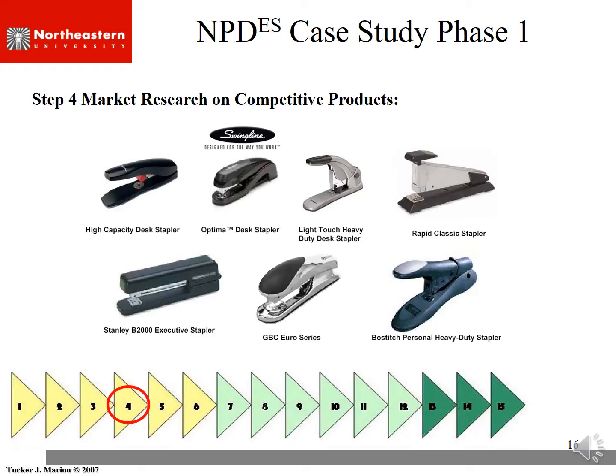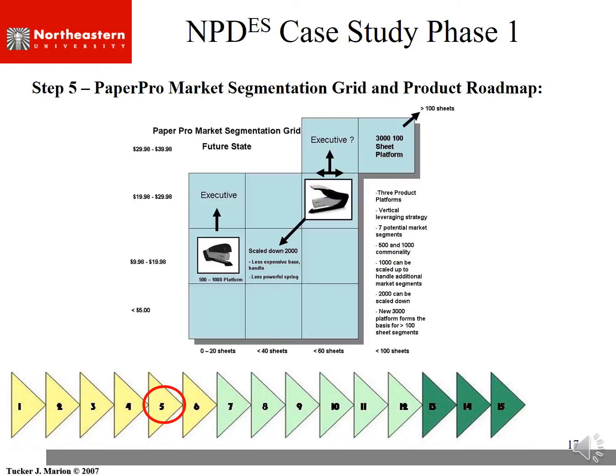They did extensive market research on competitive products. They looked at everybody else that was in the market, and frankly, it's a fairly cluttered commodity space. They tried to figure out how they could differentiate themselves, what they could do better than anybody else. This particular product, the Model 3000, was going to be a premium stapler in a commodity category.